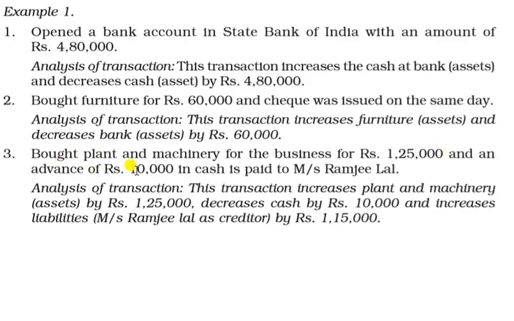We paid only 10,000 rupees in cash, so cash is decreased by 10,000. Cash is an asset, so the asset decreased. The remaining 1,15,000 we have to pay. That means the business has to pay 1,15,000, which increases the liability. Whom do we have to pay? Messrs. Ramji Lal. So Messrs. Ramji Lal is a creditor for 1,15,000.